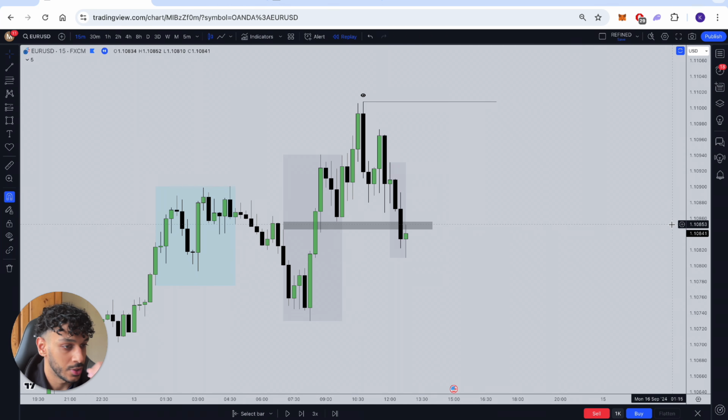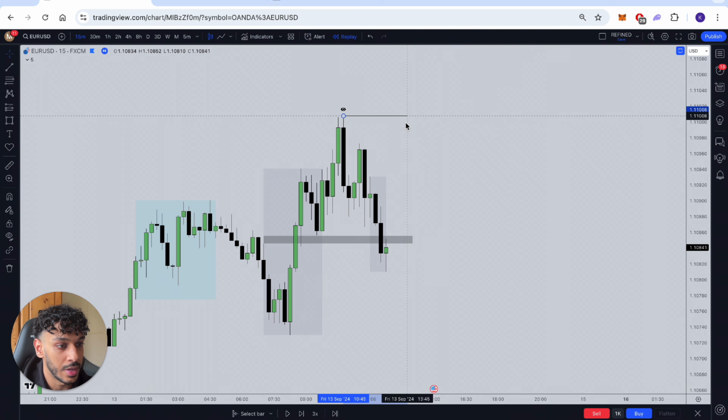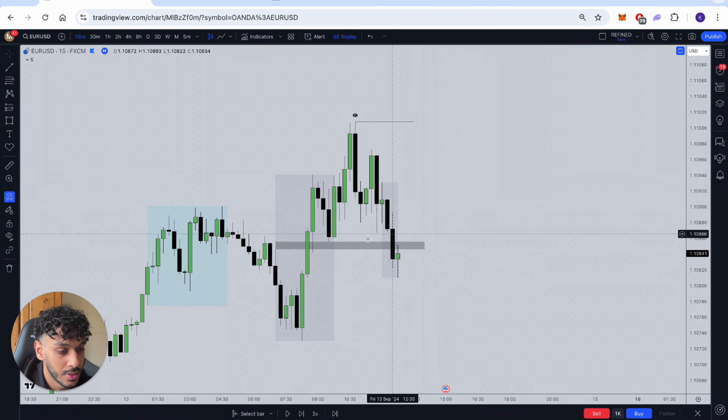And I'm going to show you an entry with regards to the propulsion block and how you could have entered this. So we've tapped the hourly FVG. We've also tapped the 50-minute levels here. So we have an FVG here, and we're just shy of this one. So we're inside of another fair value gap. We have also swept out some liquidity.